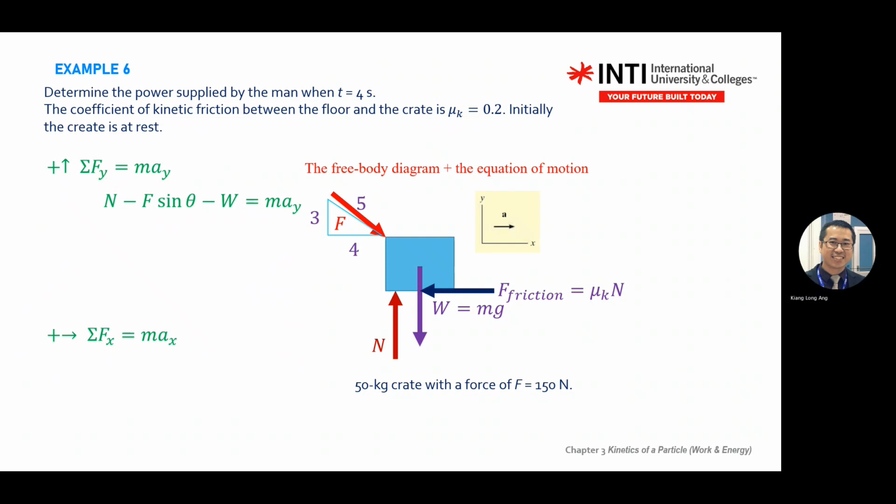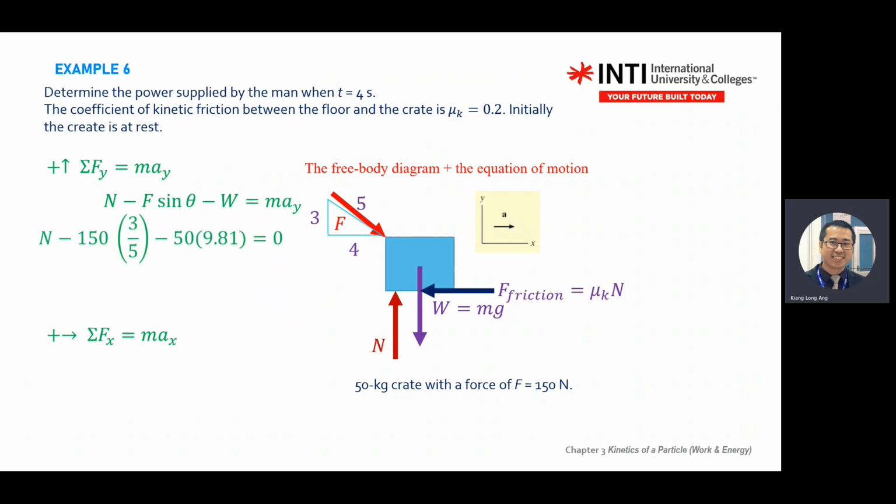What is the reason why? Explain to Nickel why AY 0. Because in your kinetic diagram, what is the direction of your A? X direction. When you have X direction, you don't have Y direction, right? So the first one is 0.